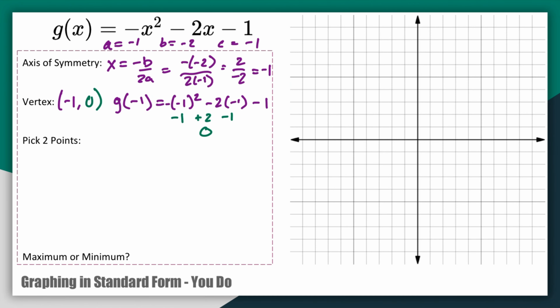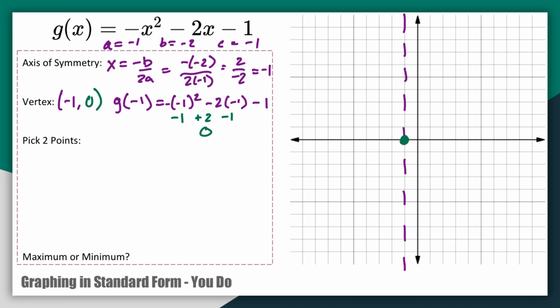Now I'm going to put the axis of symmetry. Okay, and I'm going to put my point there. -1, 0. All right, for the vertex. Now I'm going to pick 2 points. Again, there's -2, -3 to the left. There's 0, 1 to the right. I'm going to pick 0 and 1 every single time if it's an option.